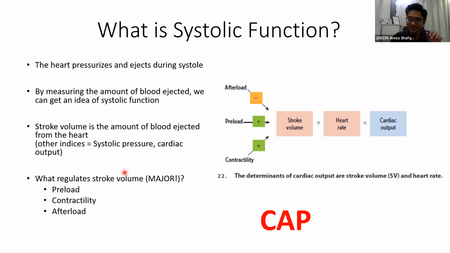Stroke volume is determined by preload, contractility, and afterload, okay? Again, stroke volume is used to evaluate systolic function. Stroke volume itself is controlled by preload, contractility, afterload. The mnemonic I use to remember this is CAP, right? So preload, contractility, afterload. This is how we'll discuss them.